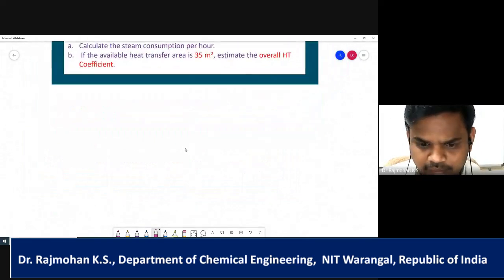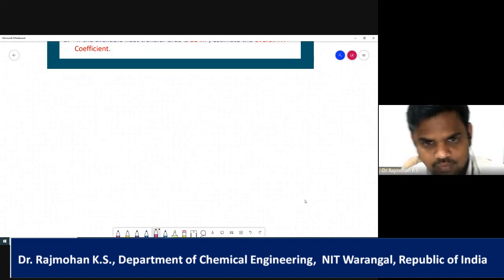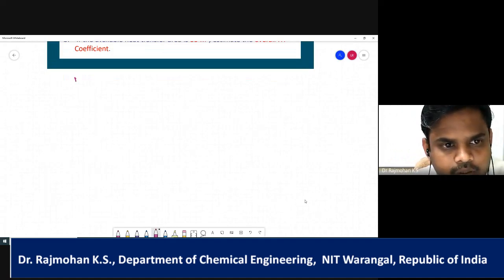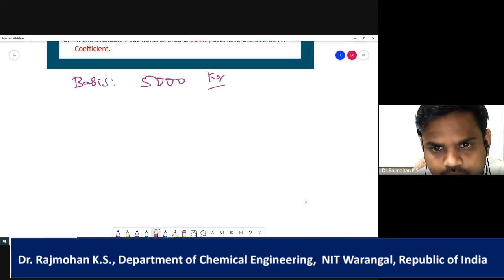Make a diagram. You should draw a diagram of the evaporator. First make a basis. What is the basis? Basis is 5000 kg per hour of feed. XF is also given. XP is also given.